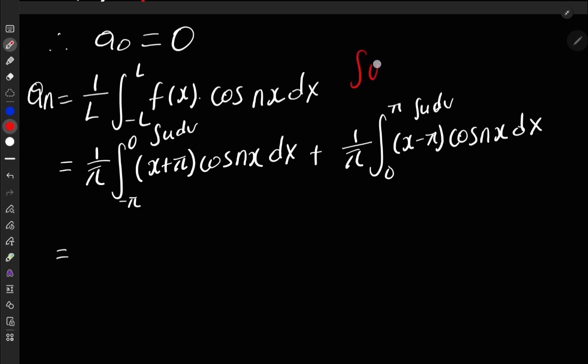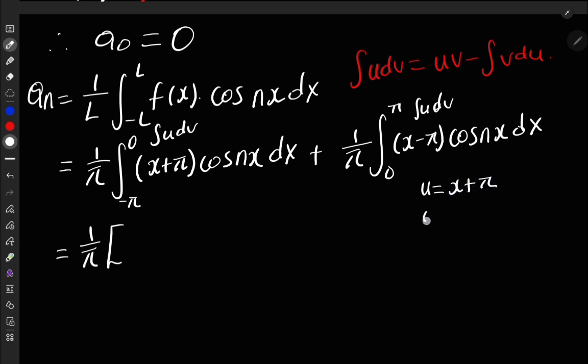It's the integration of u dv equals uv minus the integration of v du. Then here, 1 over pi into, and now your u for the first one is going to be x plus pi, and then your du is just going to be dx, because when you differentiate that you get 1 dx.